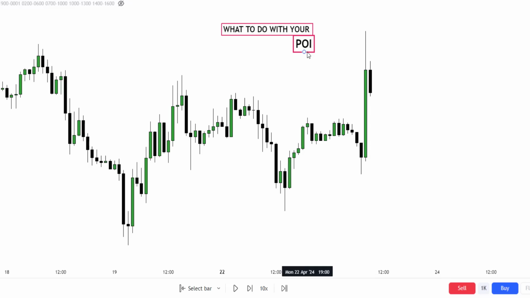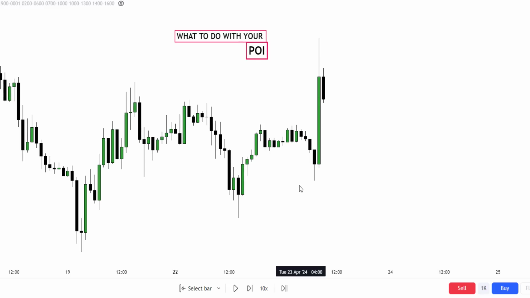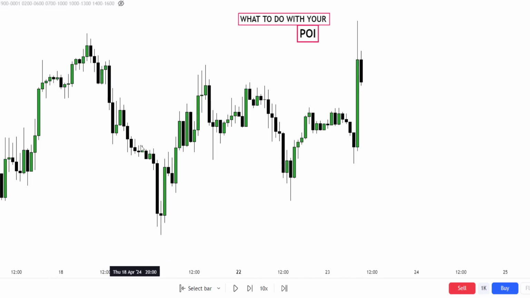For example, what I have here on my chart is a literal example of a buy trade I want to take with my point of interest that I will be marking, and then showing you how price is going to react in that particular area. Let's assume I'm looking at this chart and this is the 1 hour time frame. What I have right here from the most recent chart is that price has been coming after doing my normal market structure.